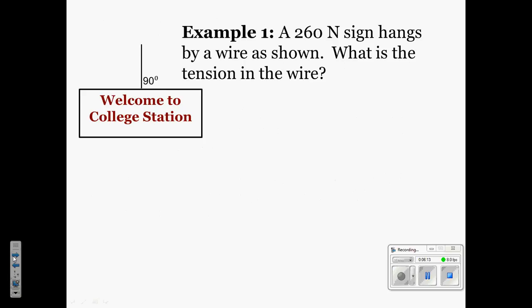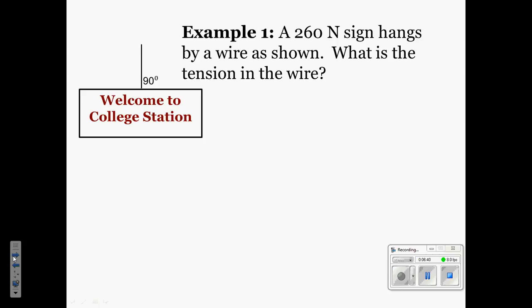So example one. If you don't have your notes yet, this is on the note sheet that you will pick up in your hanging file cabinet or your homework examples. Example one, there is a 260 Newton sign that hangs by a wire. As we see right here, it says welcome to College Station. We want to know what the tension in the wire is.